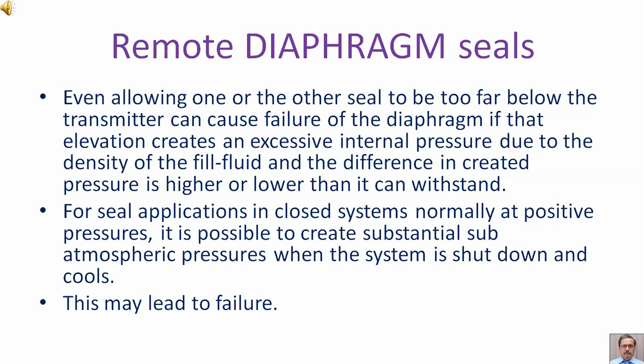For seal applications in closed systems, normally at positive pressures, it is possible to create substantial subatmospheric pressures when the system is shut down and cools. This may lead to failure.